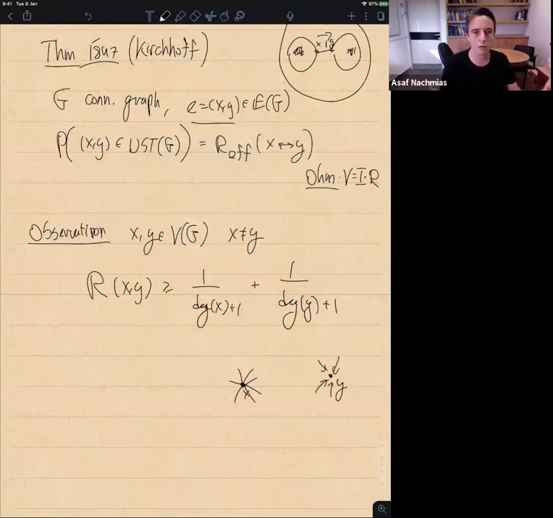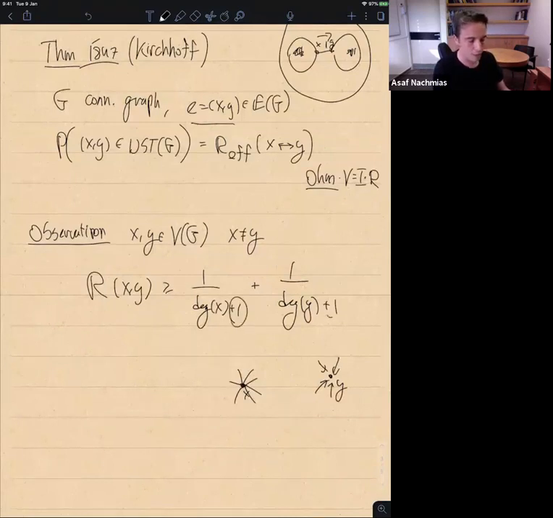And in this scenario, you can immediately check by computing the voltage that, in fact, if there's no edge between X and Y, you can remove this plus 1. Of course, this will not be material for us because we are in the setting where the degrees are high, right?